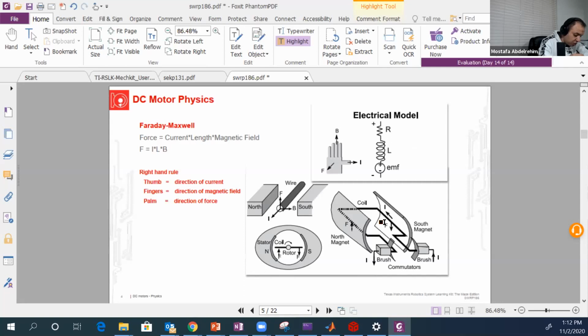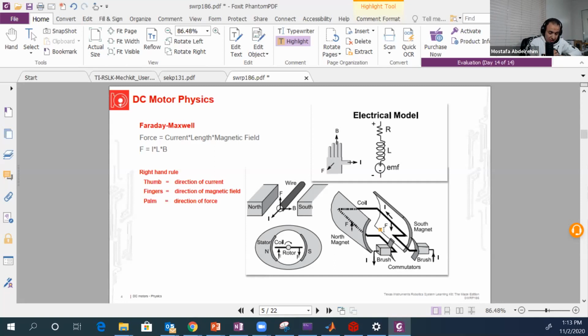Now this is a motor, so let's illustrate how it's gonna rotate. If you have a wire like this one, with current flowing in that direction, and a magnetic field between the north pole and the south pole, you will have a force, and this force will be downward.